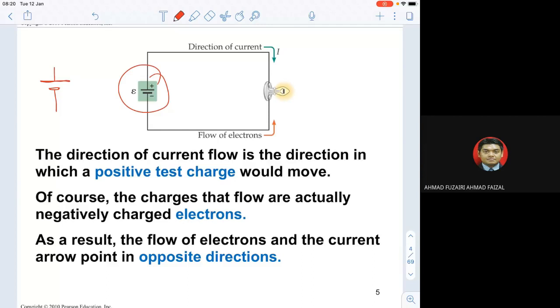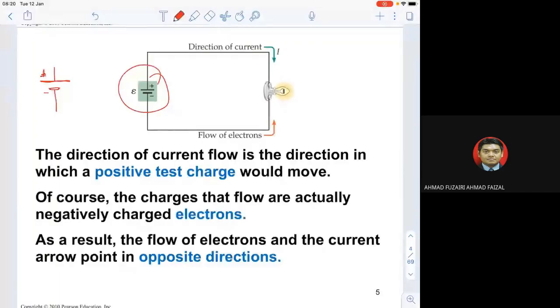Make sure one terminal is longer compared to the other. The longer one should be positive, and the other one negative. The current goes from the positive terminal and comes back into the negative terminal. That is the flow of current in direct current circuits.